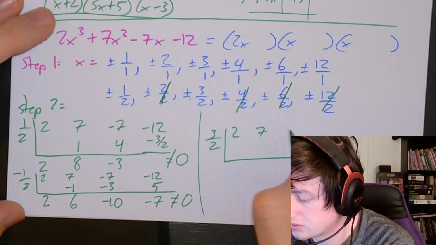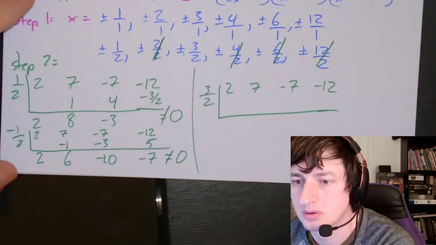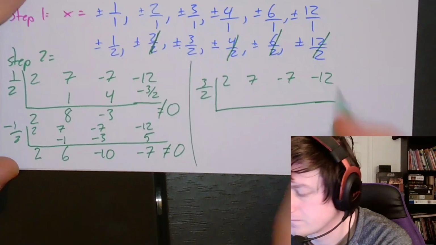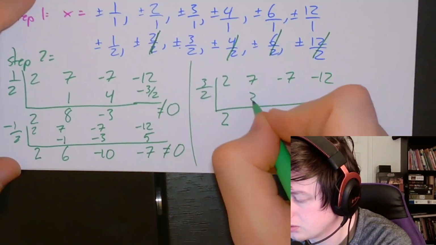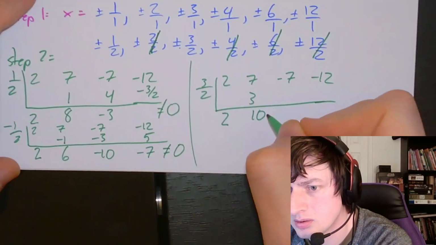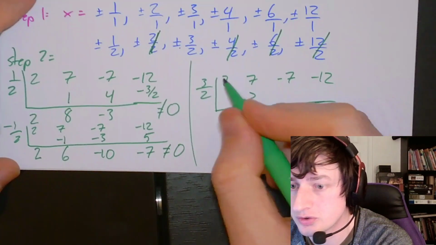2, 7, negative 7, negative 12. So we add down, multiply, we get 3, we get 10. Multiply, we get 30 over 2, that's a 15.